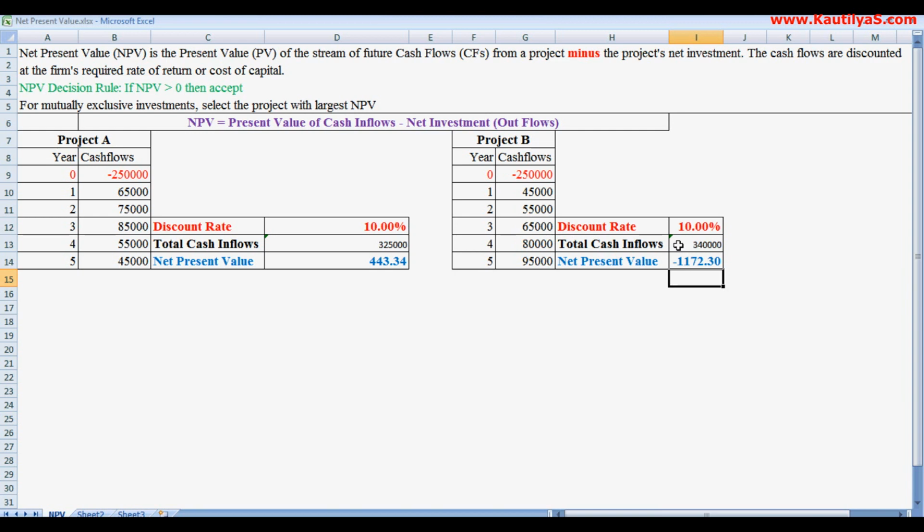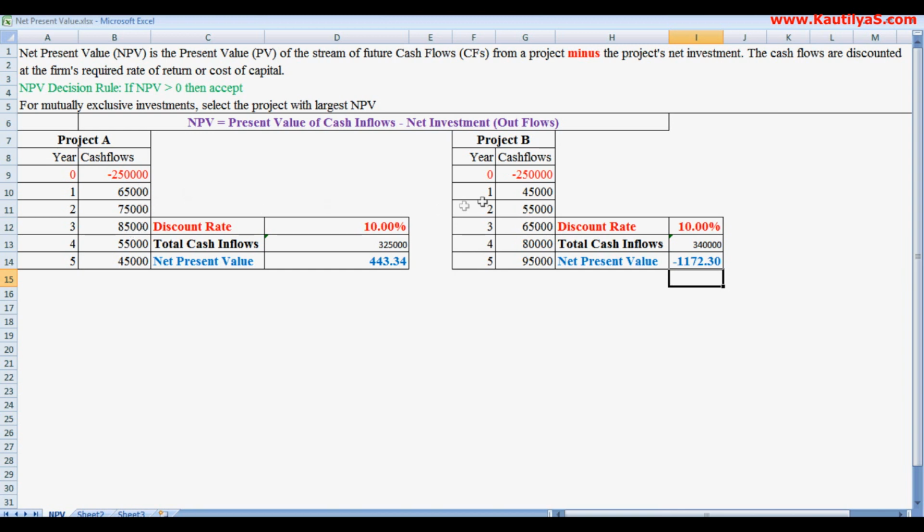Why did this happen? When total cash flows are more than the total cash flows of project A, why is its NPV negative? This is because of the time value of money concept. If you look here, project B in years 1 onwards has 45,000, 55, 65, 80. But project A gave you more cash inflows in the initial years, that is 65,000, 75, 85.